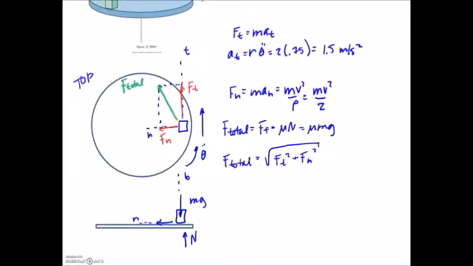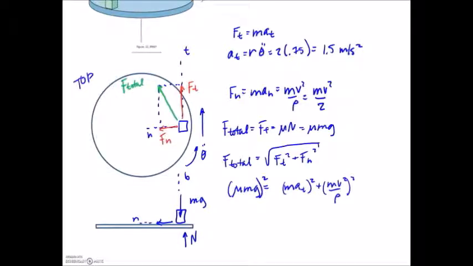So I'll say mu m g, my total force, is equal to the square root of, well, it's going to be m times a tangent squared, that's force tangent, plus m v squared over rho, the quantity squared, inside the radical. Now I'm going to square both sides, and call that squared like that.